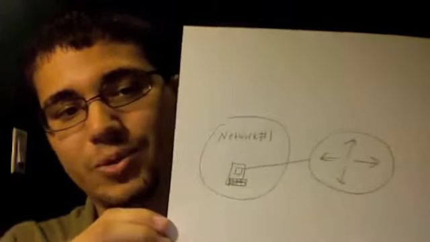Now, our computer on network number 1 wants to talk to another computer that belongs to an entirely separate network connected to an entirely separate router. And we'll call that network network 2, right here.